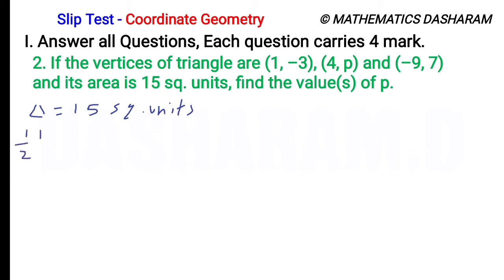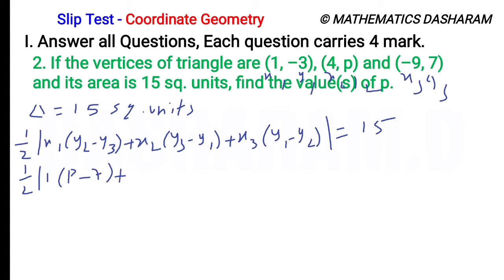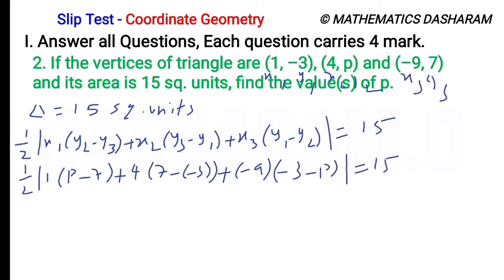The area formula is 1/2 mod of x1 times (y2 - y3) plus x2 times (y3 - y1) plus x3 times (y1 - y2) equals 15. Substituting the coordinates: 1/2 mod of 1 times (p - 7) plus 4 times (7 - (-3)) plus (-9) times (-3 - p) equals 15.